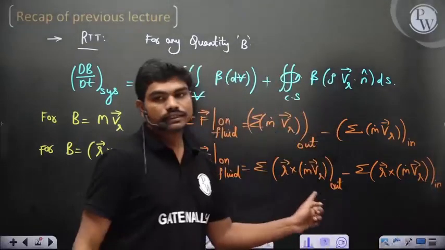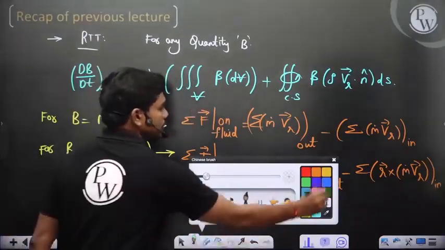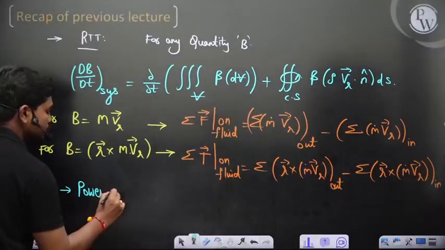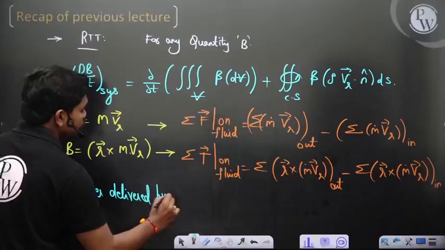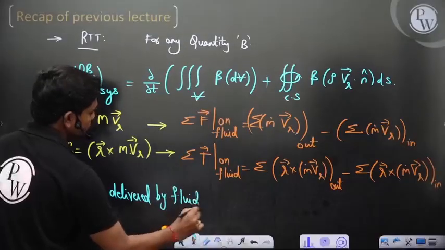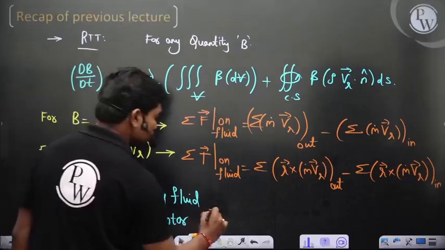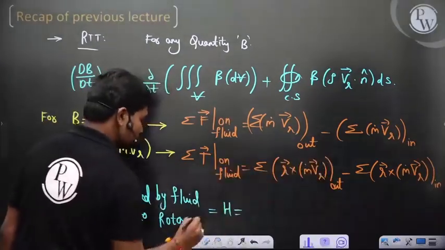और इस वेक्टर इक्वेशन की वजह से हमने टेंजेंशियल डायरेक्शन में कैलकुलेट करने से we got power delivered by the fluid, power delivered by fluid to rotor. Normally if you have any rotating disc, so is equal to head. Of course this is per unit weight. Okay, so per unit weight.